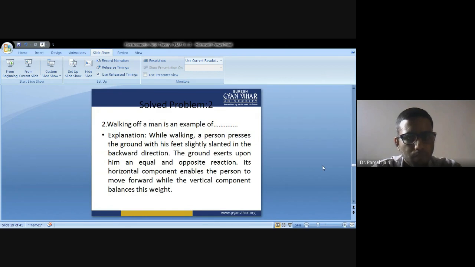Second solved problem. Walking of a man is an example of Newton's third law. While walking, a person presses the ground with his feet slightly slanted in the backward direction.